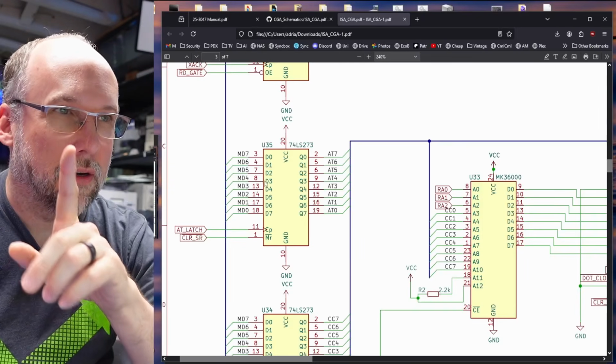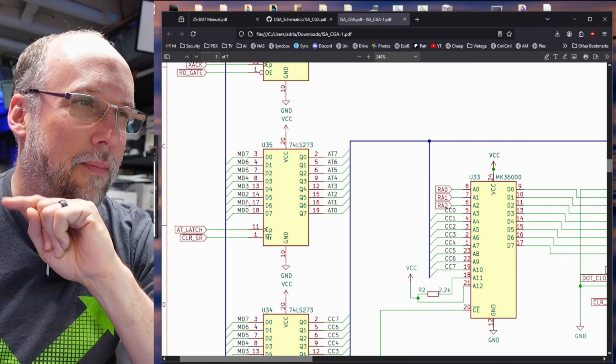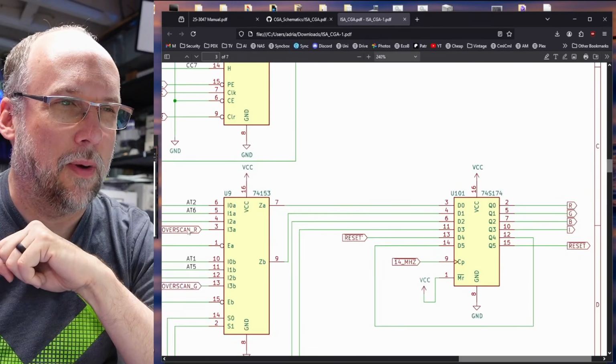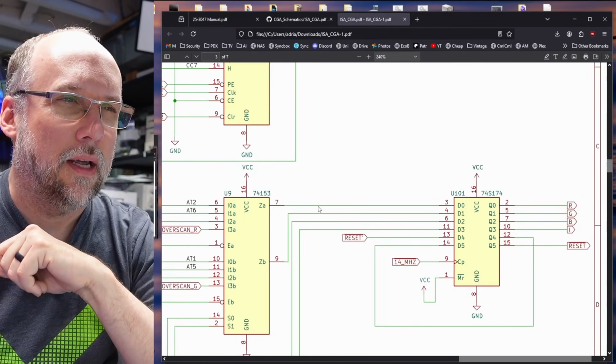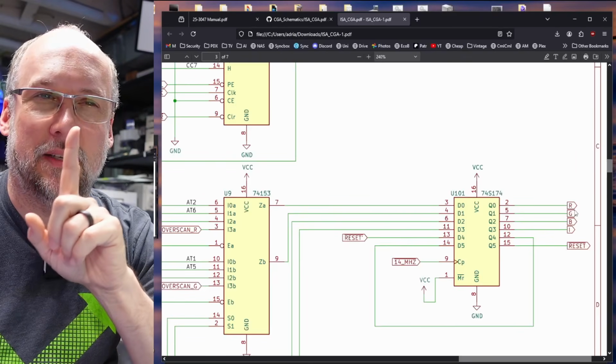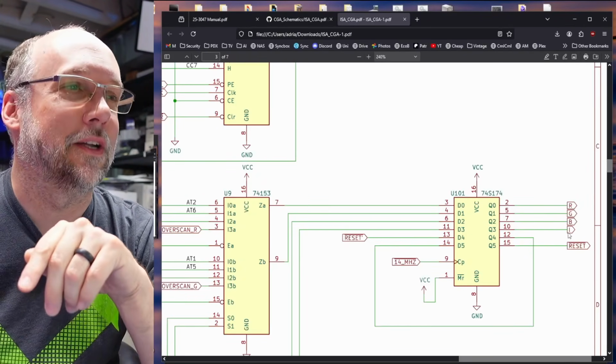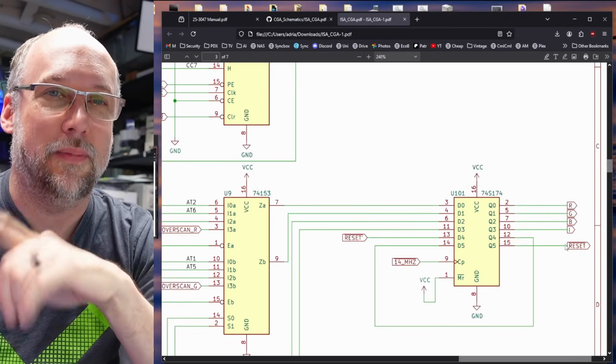Now, when we take a look over here, we know it's data bit 2 that the problem is happening with, which is MD2, and that translates to AT2. AT2 is part of this chip right here, and that makes its way to D0, which makes its way to red. So I'm not surprised that there are a lot of similarities between this card, the STB card, and the IBM CGA card.